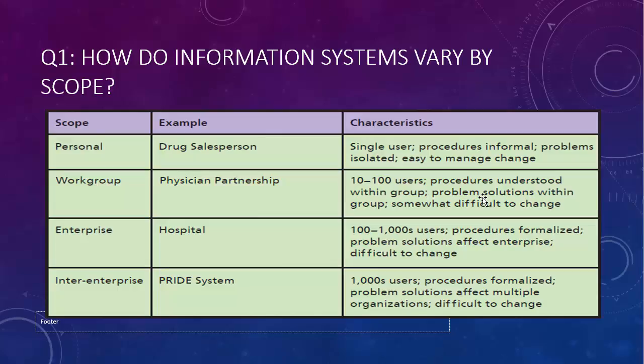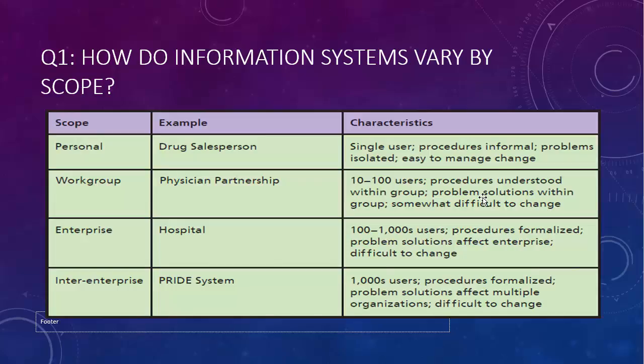Once you bypass that size of a group, then you're working on an enterprise level. At an enterprise level, you might have 100 to 1,000 users, and everything is very formalized. Anything that you do when you make changes affects the entire enterprise, and it becomes very difficult to change things.